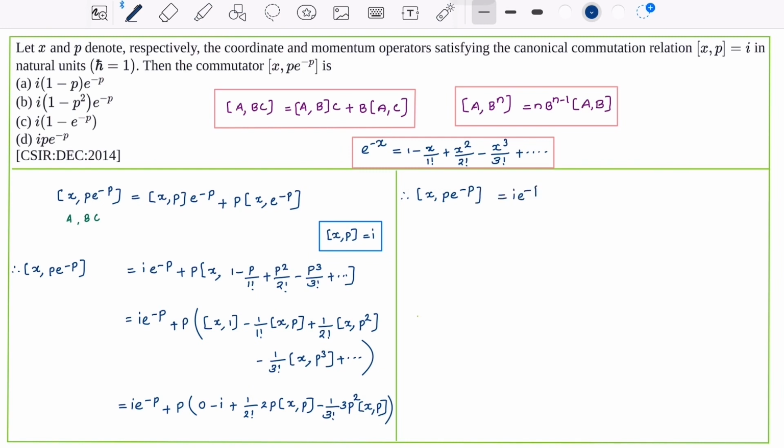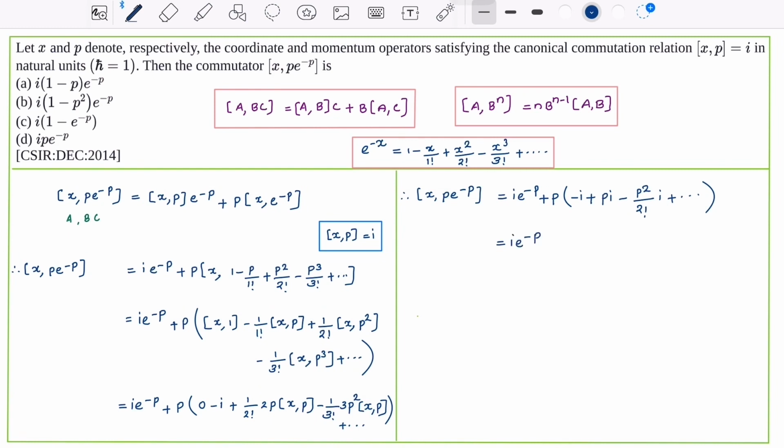Therefore, the commutator of x and p e raised to minus p becomes i e raised to minus p plus p times minus i plus, again using that the commutator of x and p is i, the second term is p i. The third term is minus p square by 2 factorial i, plus etc. Now, this is equal to i e raised to minus p.